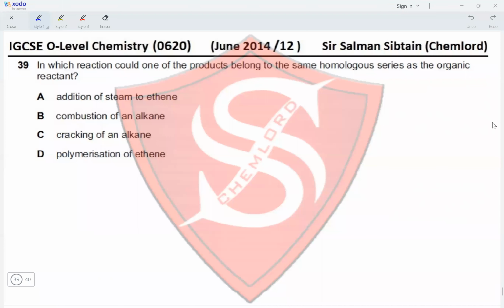Question 39. In which reaction could one of the products belong to the same homologous series as the organic reactant? Reactant and product are in the same homologous series. Okay. Addition of steam to ethene. So this is alkene going to alcohol. Combustion of alkane.